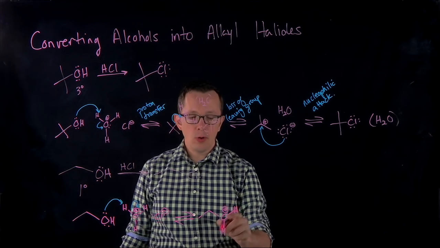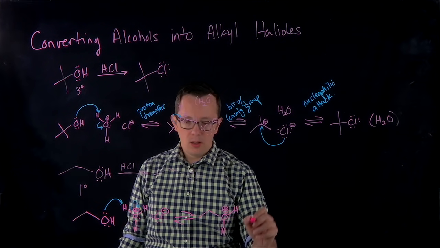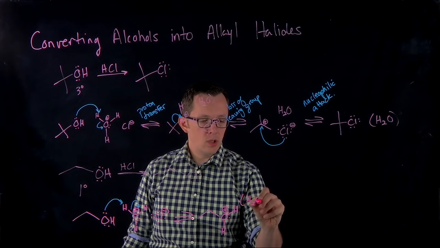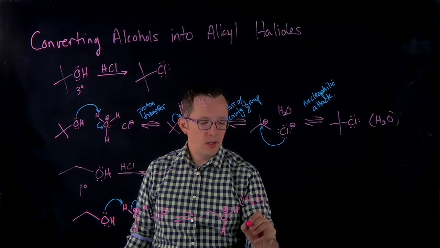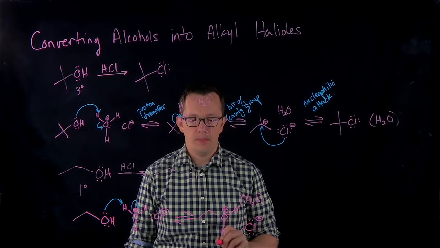So now we have a protonated alcohol here, which is now a good leaving group, as well as one equivalent of water from our acid and our chloride anion.